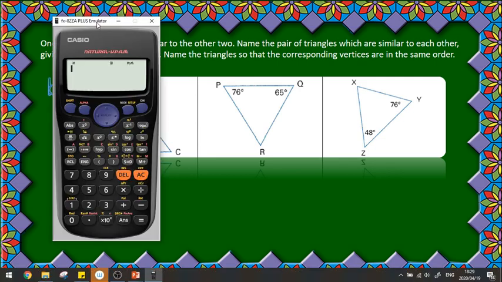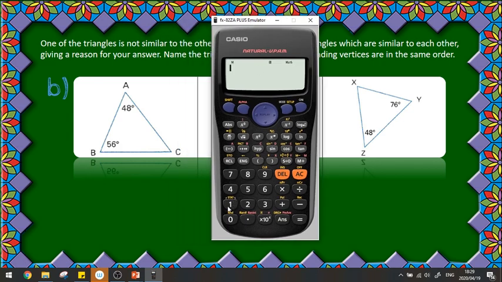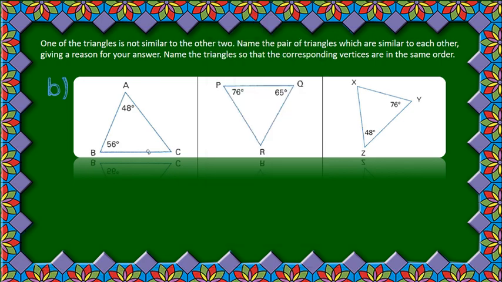We have 180, so to work out C, 180 minus 48 minus 56 gives us 76. So this is 76 degrees. And here we see that this one is also 76. There's a 48, so this must then be 56 degrees. If two of these angles are equal to two of these, the third one will also be equal. None of these other two triangles contain a 65 degree angle.